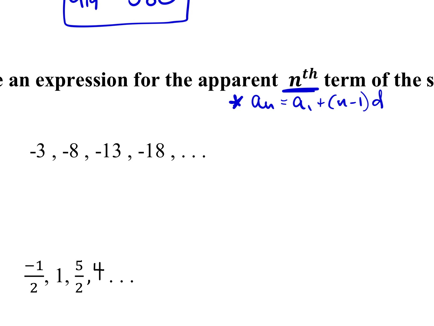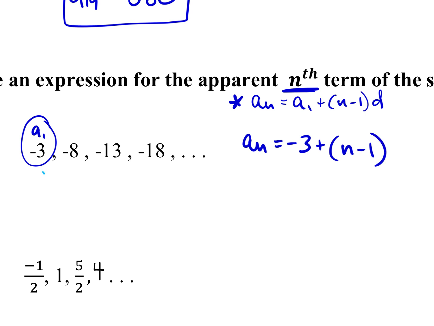So to write an expression for the nth term, we just leave n as n, but plug in everything else. So a sub n is equal to, what's our first term? What's a sub 1? Negative 3. So negative 3 plus n minus 1 times d. What's our common difference? What are we adding or subtracting to get from one number to the next? Negative 5.